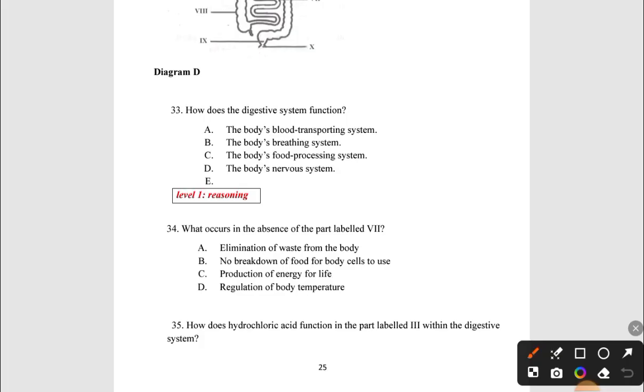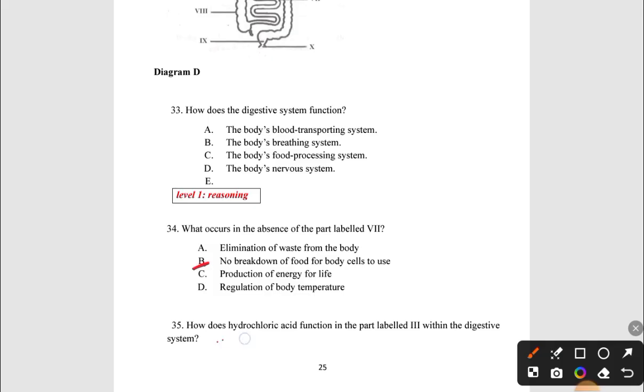B, no breakdown of food for the body cells to use. C, production of energy for life. D, regulating of body temperature. So the ileum or the small intestine is where the simple food substances are absorbed through the villi into the body cells. So question 34, answer is B.